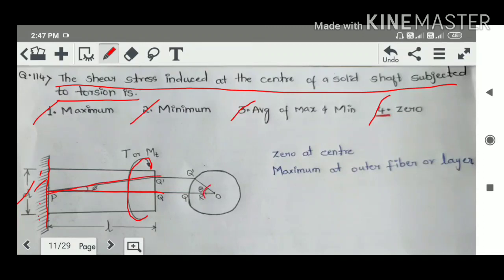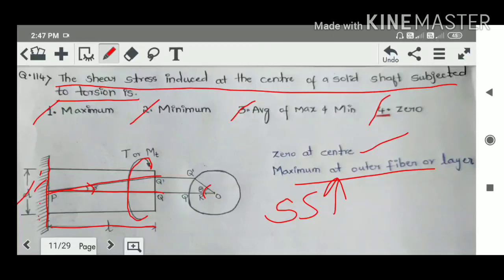This is called theta, the angle of twist, and this angle is the shear strain. This is the length of the shaft. Okay friends, the shear stress is 0 at the center and maximum at the outer fiber or layer. You can say that the value of shear stress increases with increase in radius. So the correct option for this question is option number 4, 0.